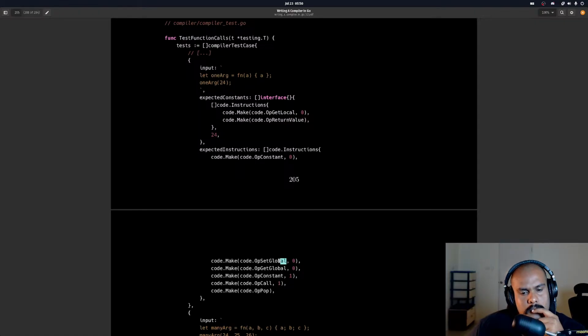And why global? Oh no, that's the function, sorry. Constant 0, yep, that's the function.